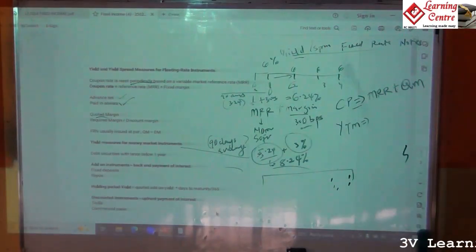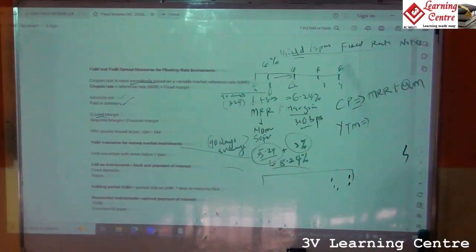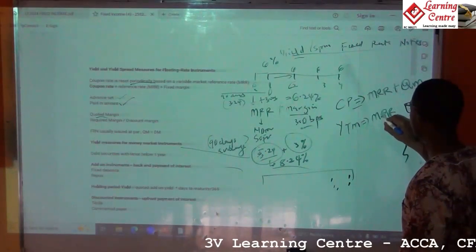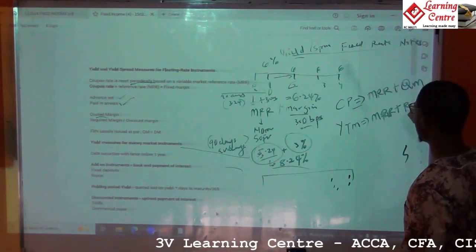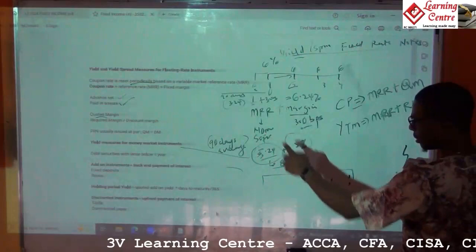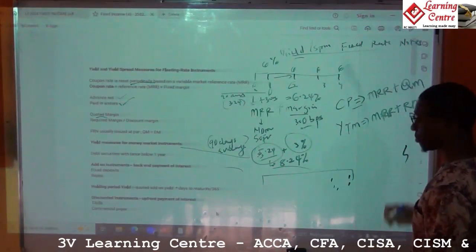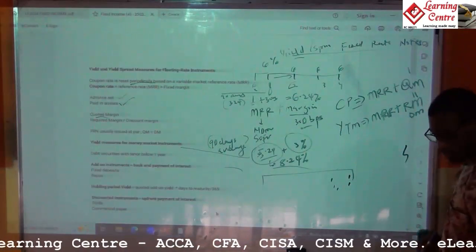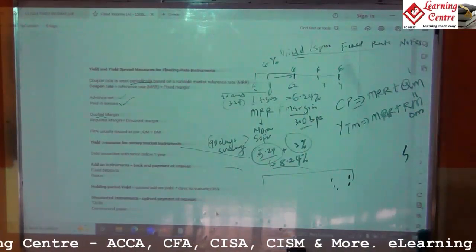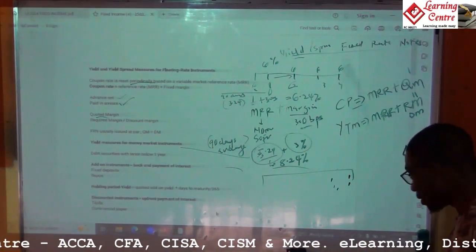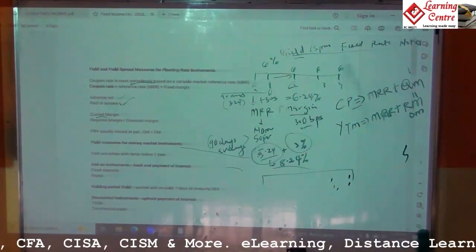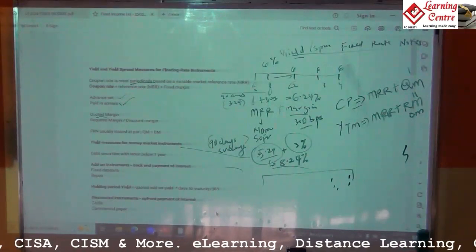The yield that the investors will use to discount the instrument is set as MRR plus required margin or discount margin. Sometimes if these two equate to each other, you have your coupon rate equal to your yield. And what happens when your coupon is equal to the yield? The bond is valued at par.